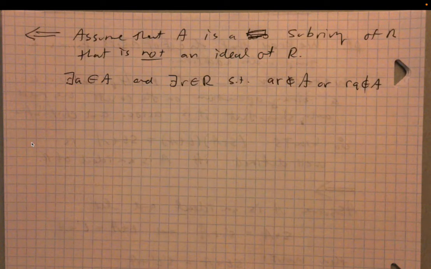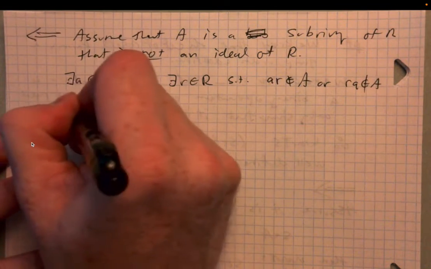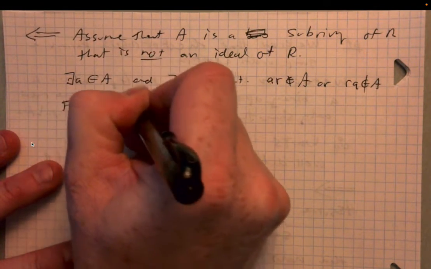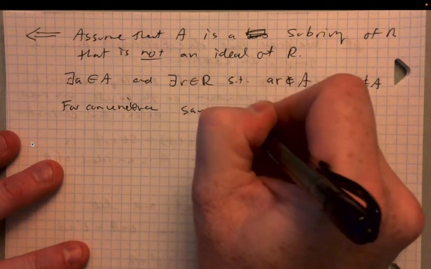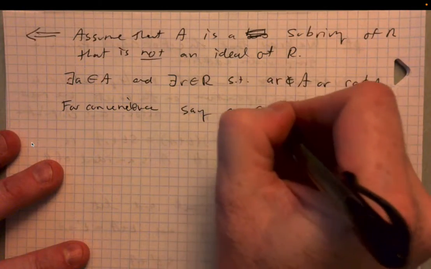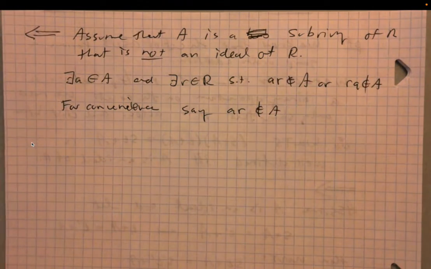The fact that A is not an ideal means that one of these products isn't going to work for some a or r. All right, so just for convenience, let's just say that a times r is not in the subring A.